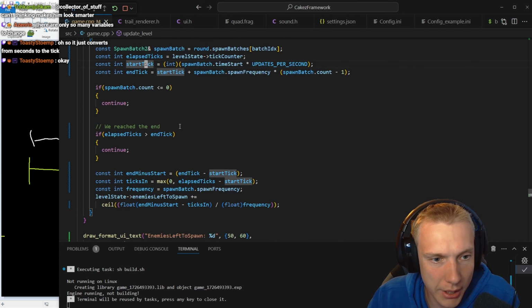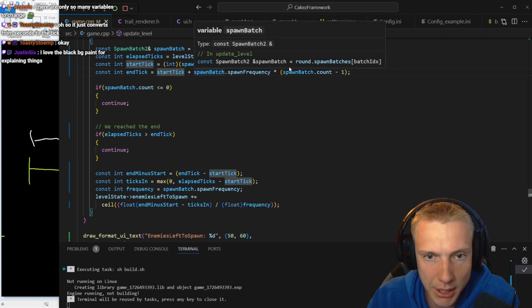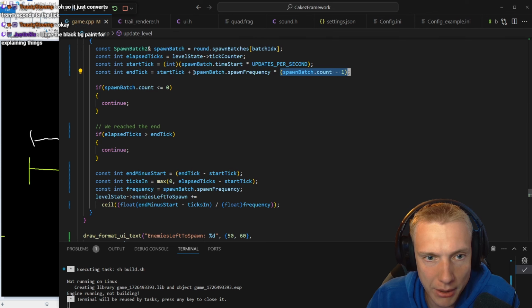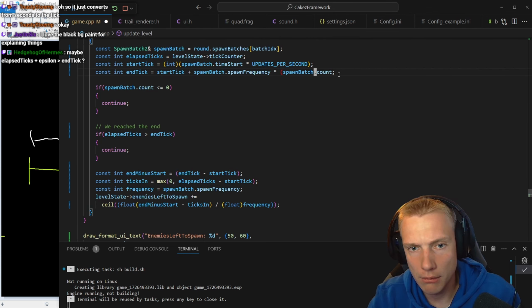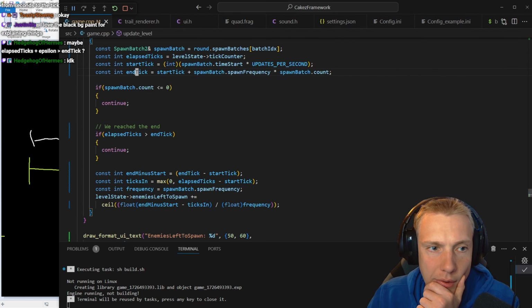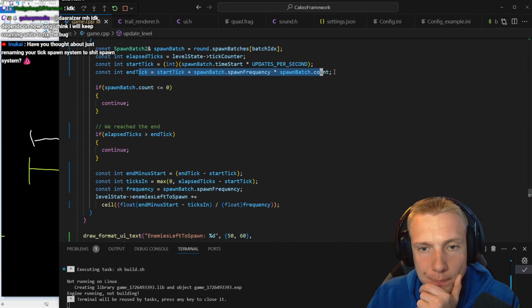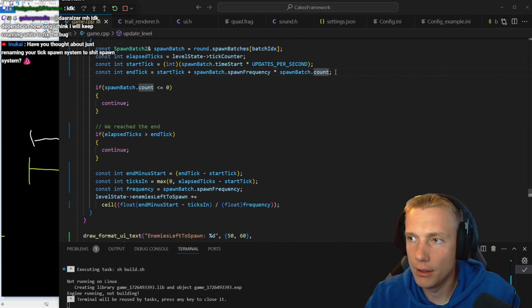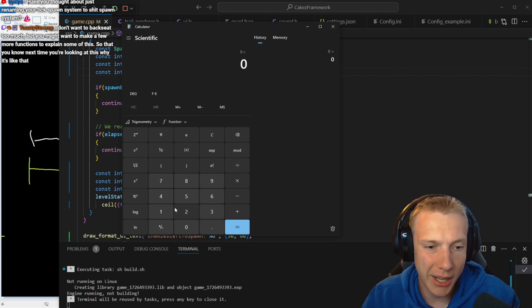And then I need to make sure that, okay, well, the end tick is just the start tick plus however many I spawn by the frequency. So this would be here. Right, that's how many are left. But then I need to make sure that the end tick... So in this example, I spawn on 0 and I spawn 20 units every 50 ticks.